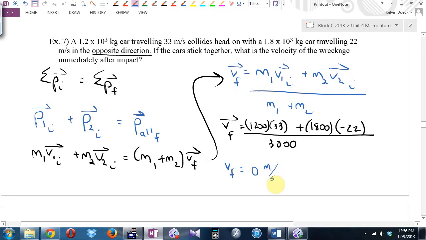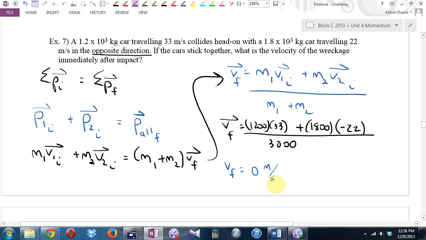You know what? This would be a terrible head-on collision. Boom! Everything would come to a stop. Not good. If I knew how long the collision lasted, I could calculate the average force that each car had to endure.